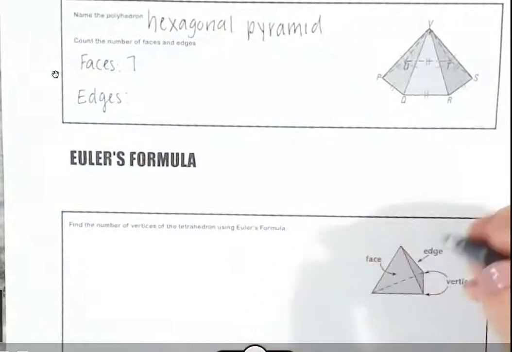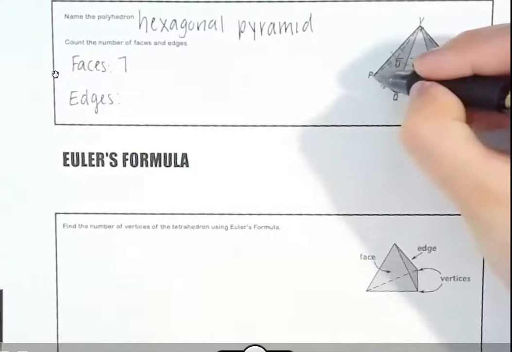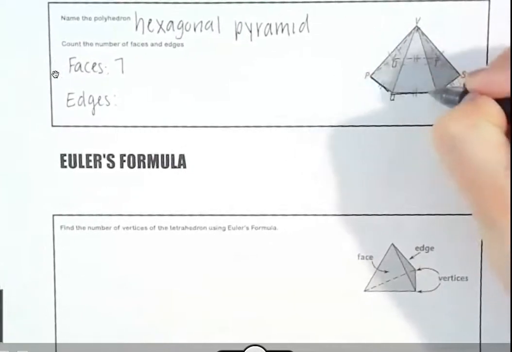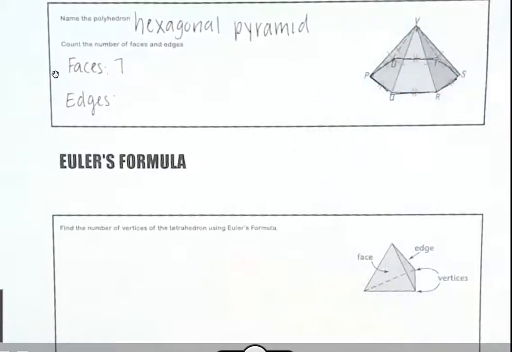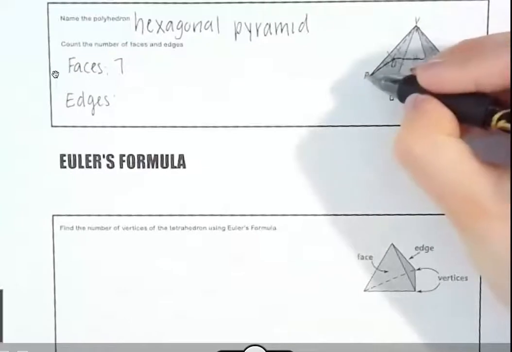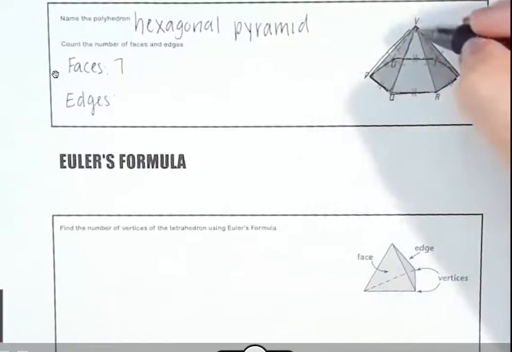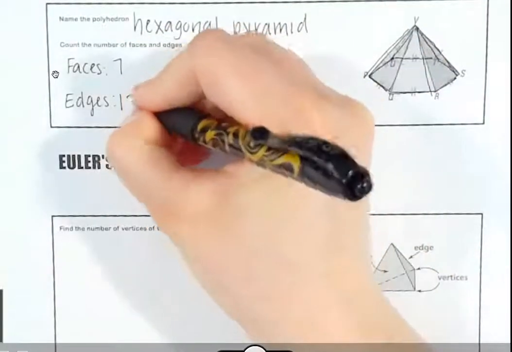Those are all of our little lines. There's going to be kind of a lot. On the bottom we have 1, 2, 3, 4, 5, 6. Now all the ones going up to the point, 7, 8, 9, 10, and those 2 in the back, 11, 12.